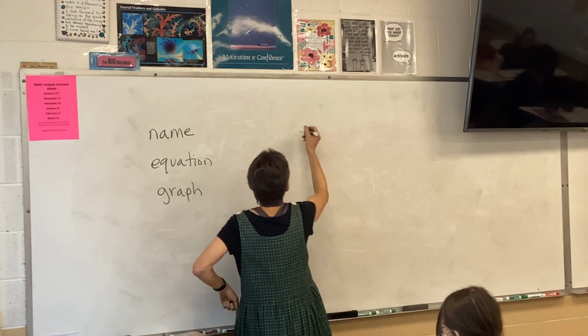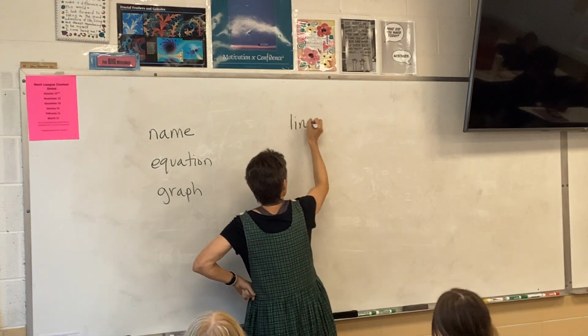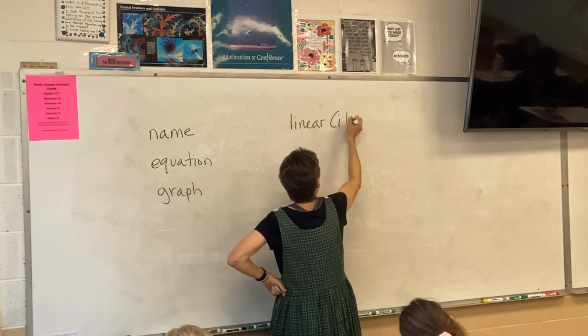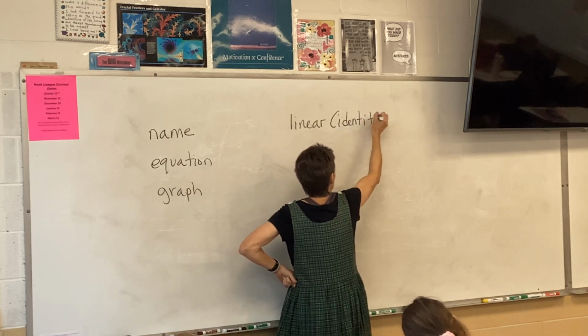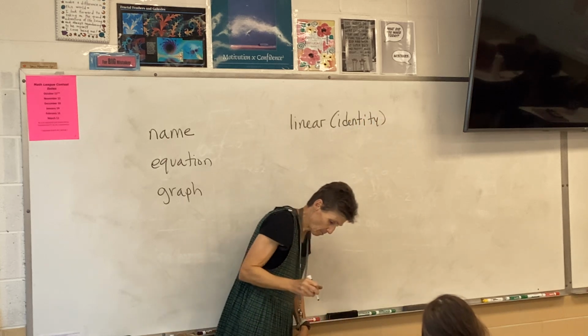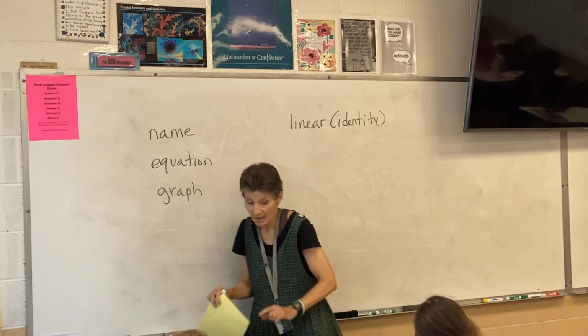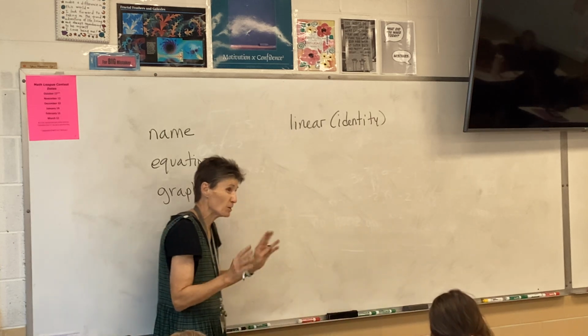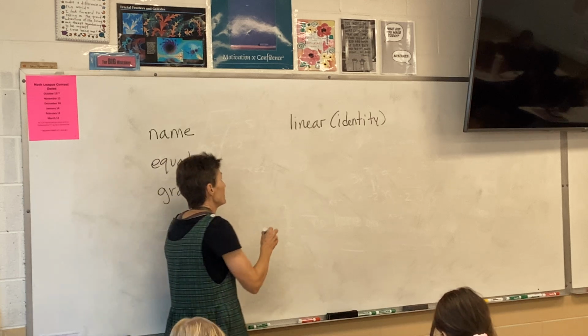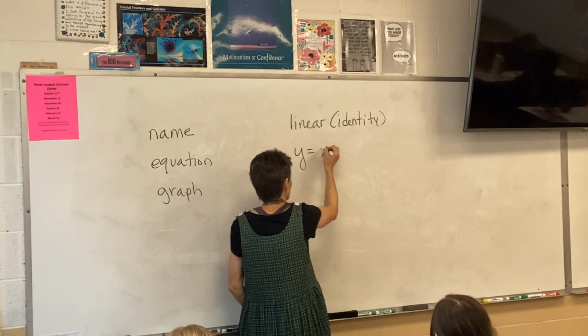So the name of our first function is linear, also called identity. You are only responsible for one of those names, but I might call it both, so you need to know they're the same thing. The equation is y equals x.